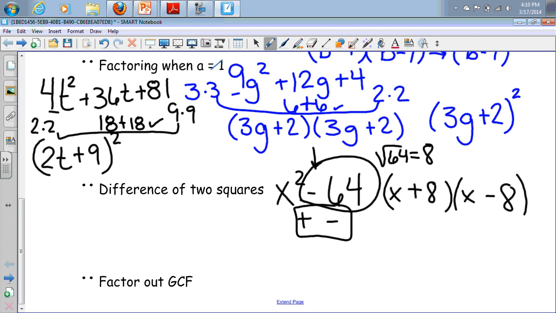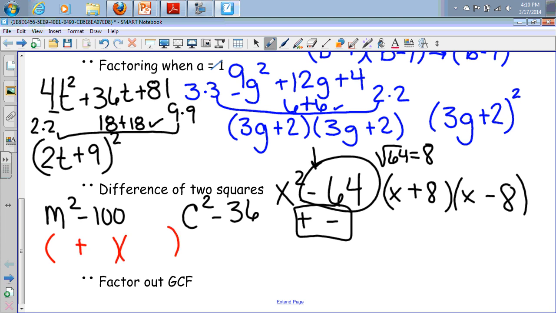A couple more like this. What if I have m squared minus 100? What if I have c squared minus 36? Okay. I'm going to have a plus and a minus because I have a negative right here. So I'm going to have an m, square root of 100, 10 here, 10 here.